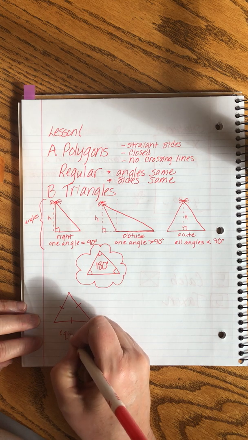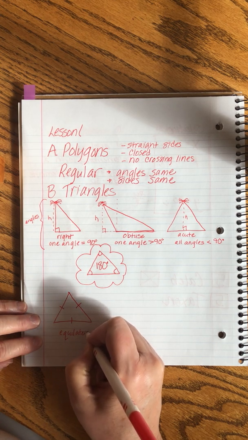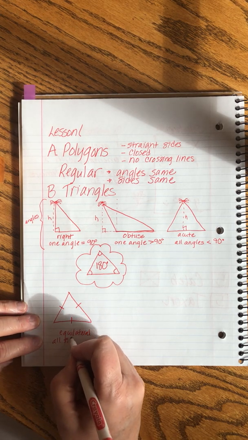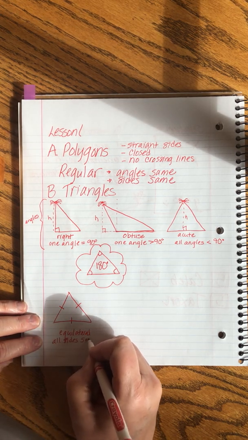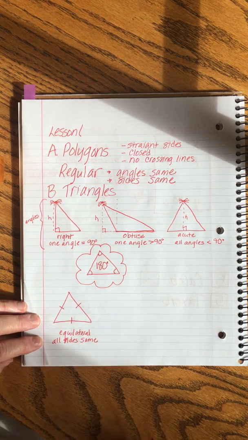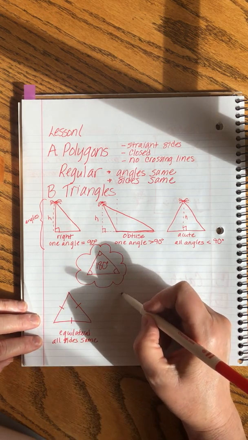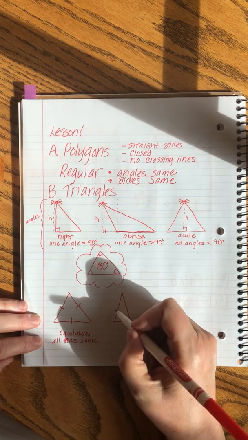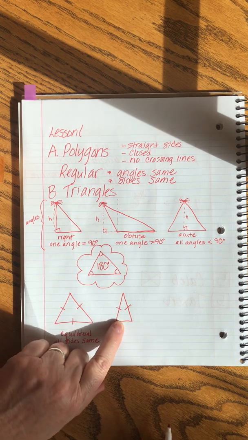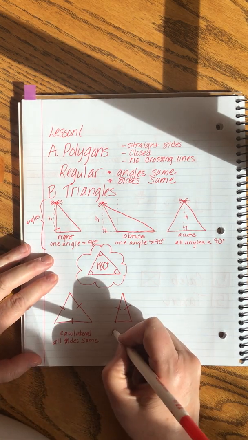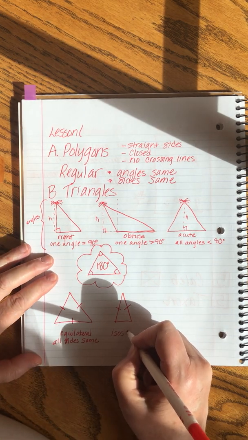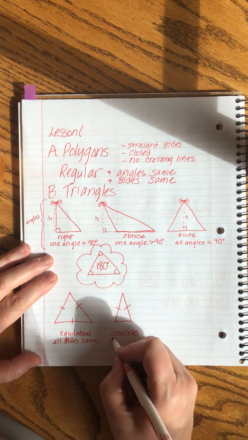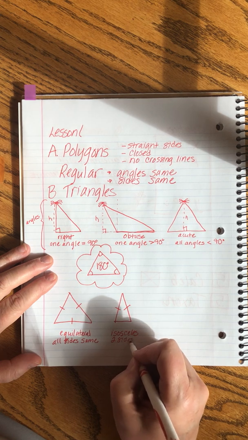This is called an equilateral triangle because all sides are the same length, right? As opposed to this next guy in which 2 sides are the same, but the third is not. His name is isosceles. Cute little name. And it means 2 sides are the same.